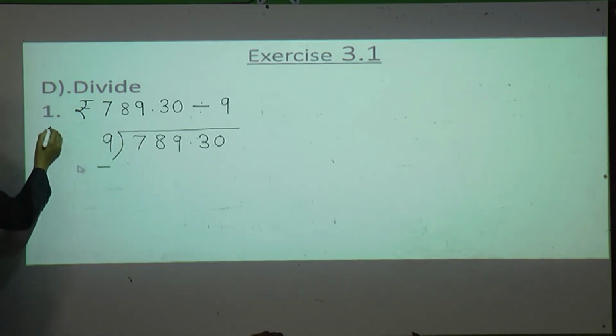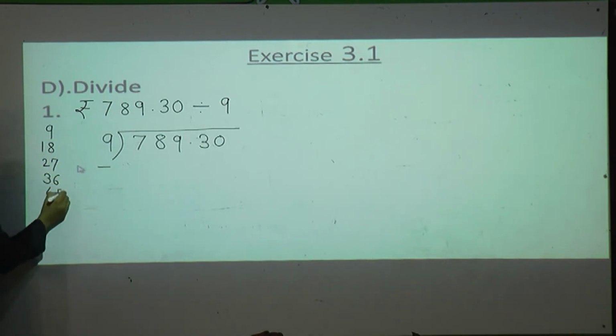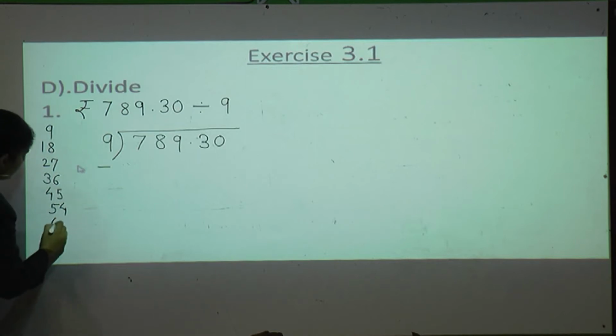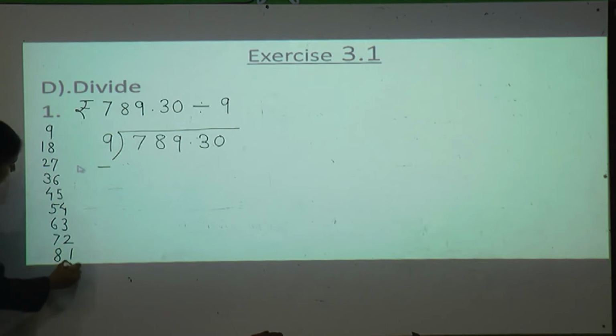See, I will write here 9's table: 18, 27, 36, 45, 54, 63, 72, 81 and 90.